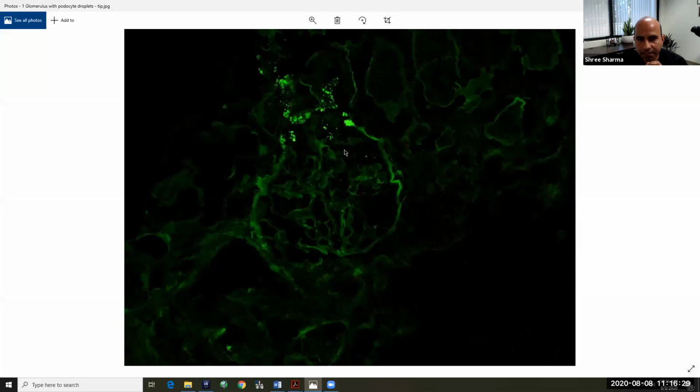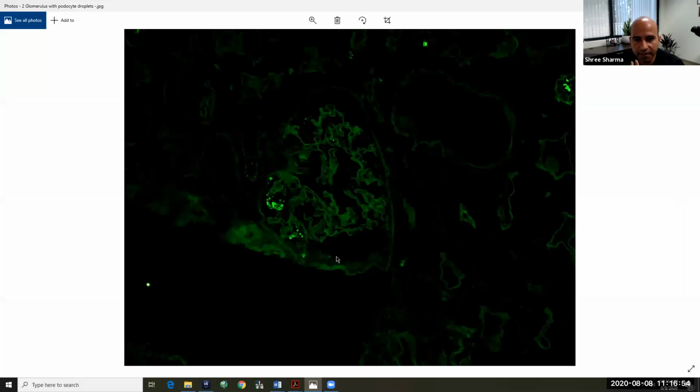That means this is the glomerulus which we saw in light microscopy. In IF also you see the glomerulus. The tuft is completely negative. This green material, which is more green as compared to the background, are the protein droplets, which are staining non-specifically, okay? In FSGS, you can see the segmentally sclerotic lesion on IF, but the tuft is completely negative.